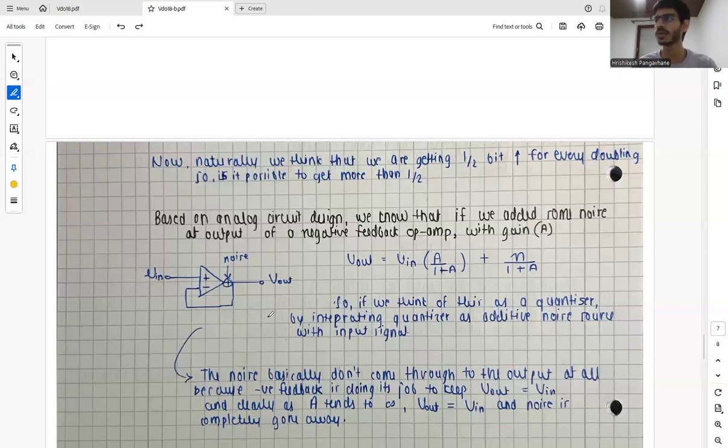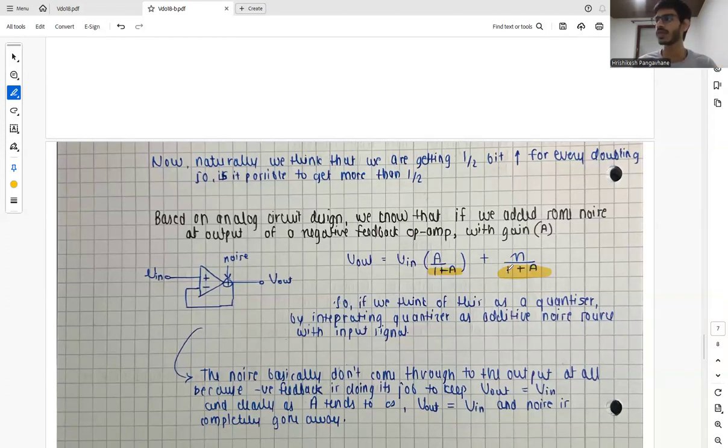Based on them, we know that if we have a negative feedback op amp with gain A, and we add noise to the output of that op amp, then V out will be V in times A upon 1 plus A, plus the noise divided by 1 plus A. And here we can see the denominator is the same, because the denominator represents the transfer function, so it is the same.